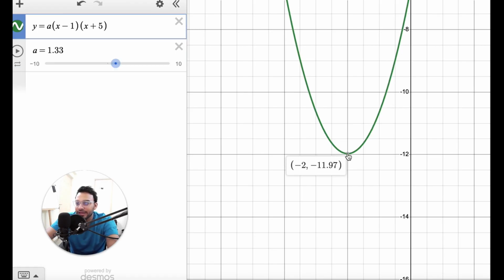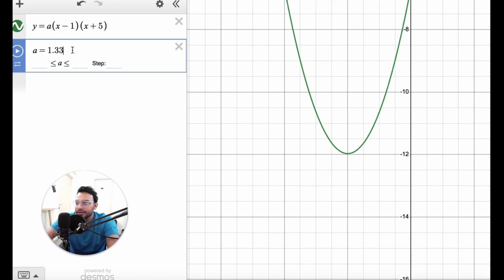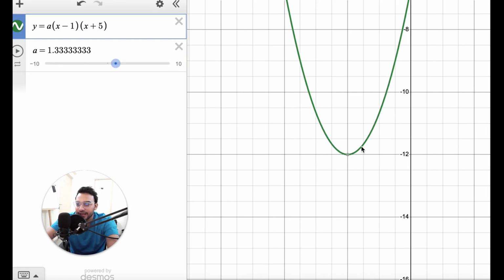Negative 11.97, almost 12. Let's add a few more 3s. Okay, and it goes to negative 2 comma negative 12. So 1.33 is basically your answer, and 1.33 is also equal to 4 over 3, which we got by solving it manually, like mathematically. Okay, so DESMOS saves a lot of time in this question, as you can see.